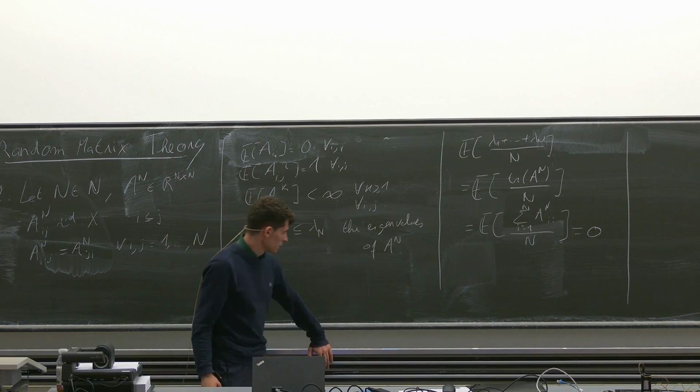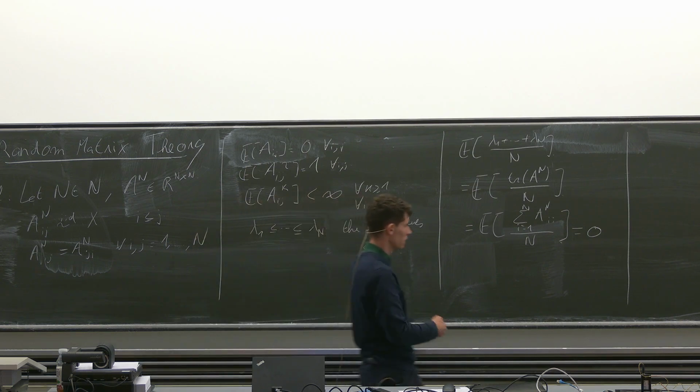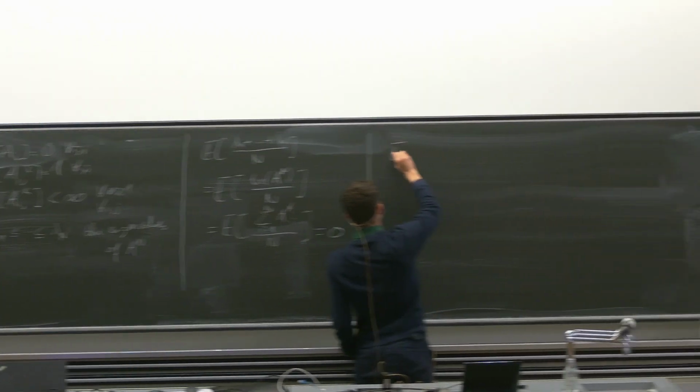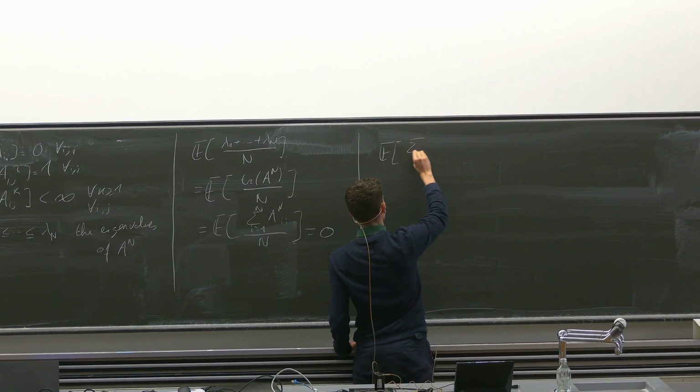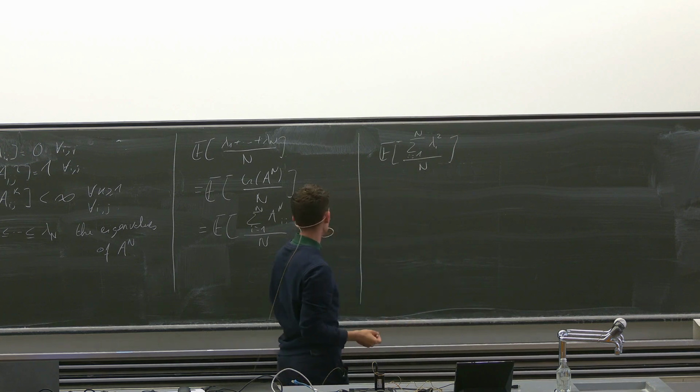But now I want to discuss why, in order to be able to say something about these eigenvalues, you would need to rescale them basically. So we'll compute the variance of these eigenvalues. Okay. So what is the expectation of the sum from i equals 1 to n of lambda_i squared divided by n? So again, this is a similar computation.